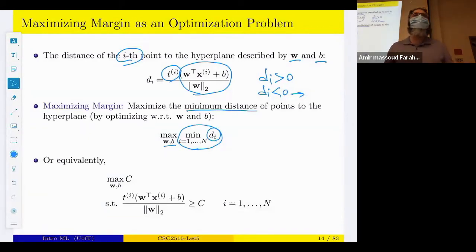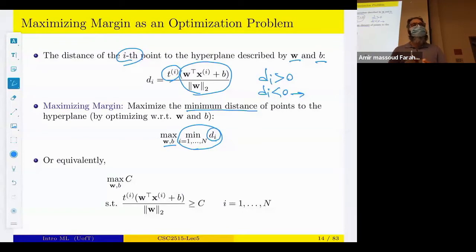Yes, there's a question. Yeah, so d sub i, that is the distance, right? That is not the signed distance. The signed distance is without the t. So it is the distance multiplied by the target label.